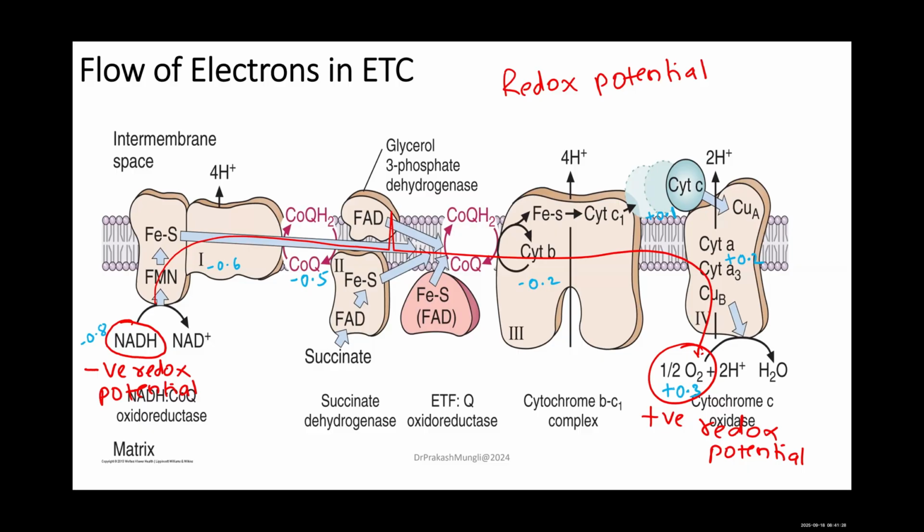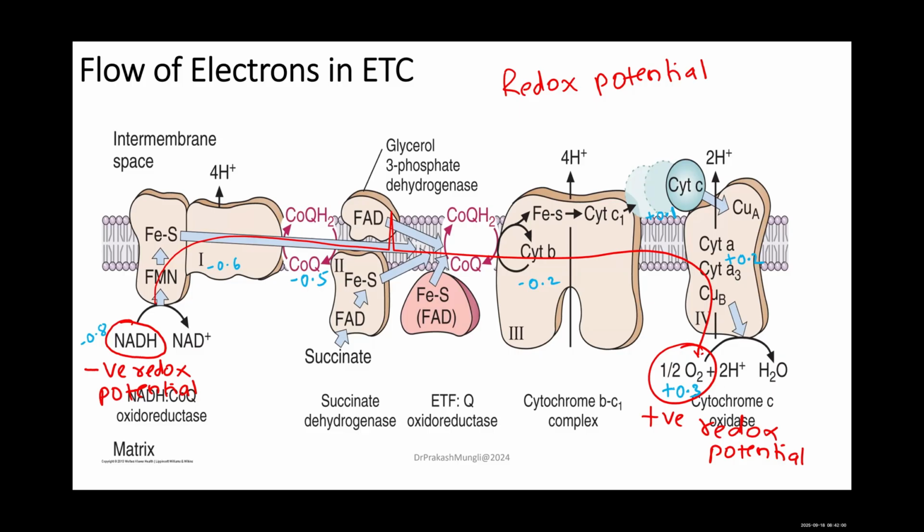Now see what happened to your molecules going from the negative towards the positive side. As the numbers go from a higher negative side towards a higher positive side, they start becoming an acceptor of electrons rather than the donor. So now let's look at this here. NADH plus has got minus 0.8. So it is acting as a donor of its electrons to complex 1, because complex 1's negative redox potential is a little less than NADH.